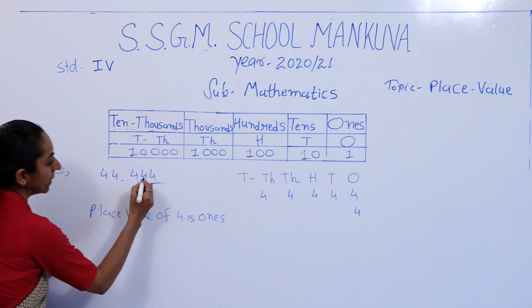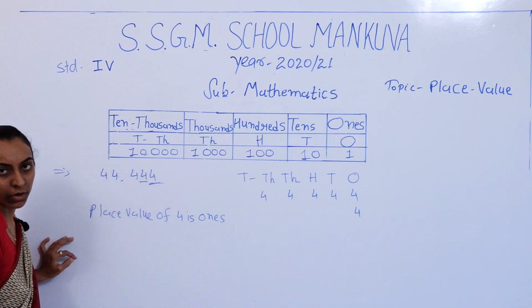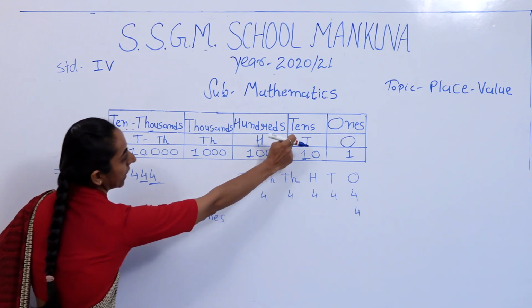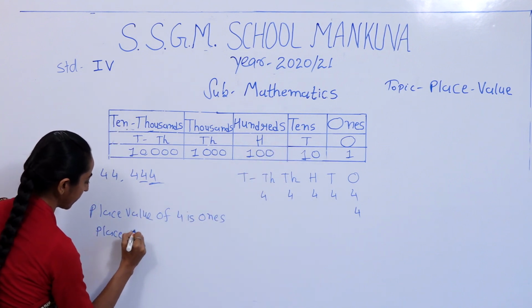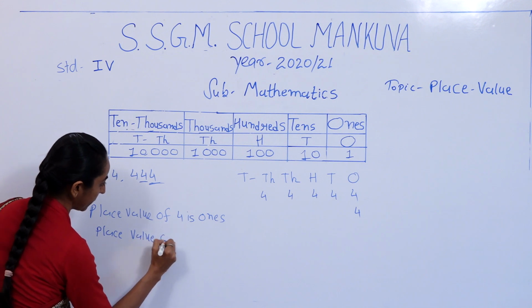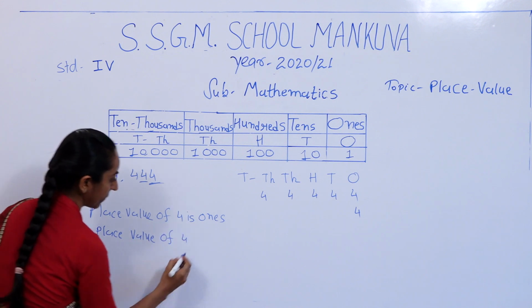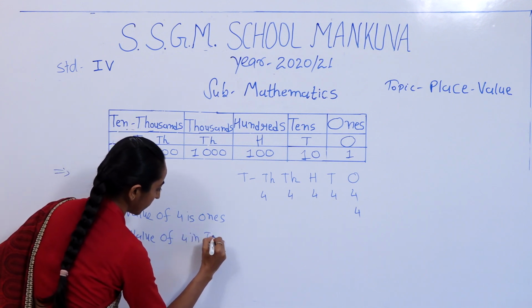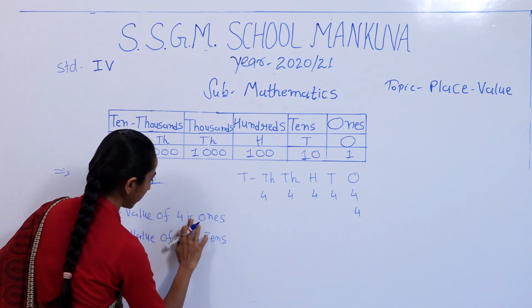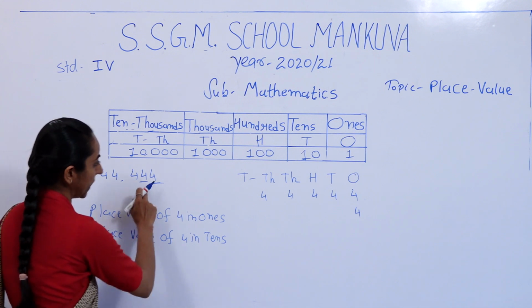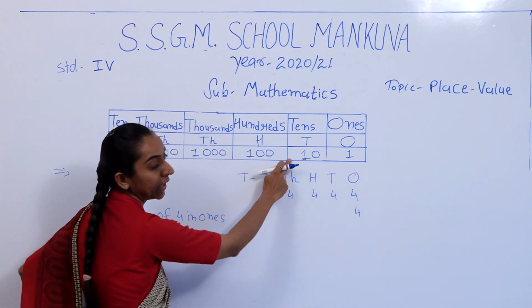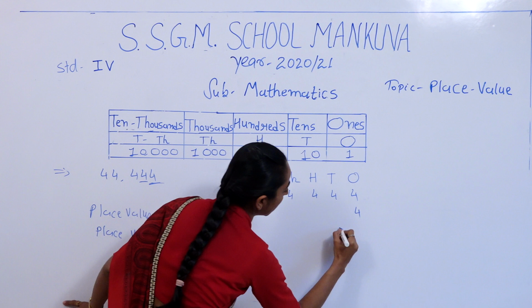Now this second 4 is in the tens place. In tens place, that means 4 into 10. That means the answer is 40.